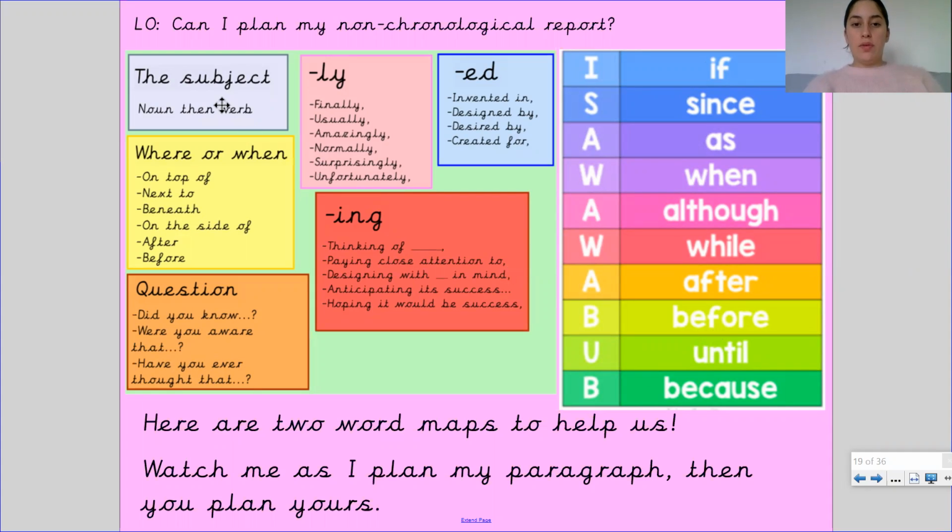So if you've already got an idea of what information you would like to include in what does it look like paragraph, then you can pause the video and write some of these sentence starters and subordinating conjunctions down. If you need to see me do it first and then have a go, that's absolutely fine too. But pause the video if you need to. If not, let's just carry on.